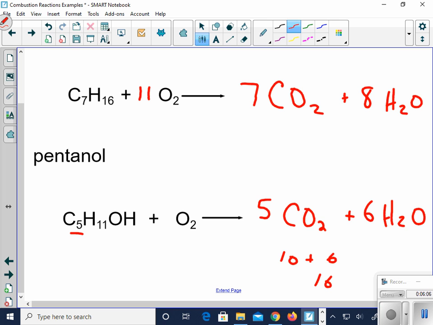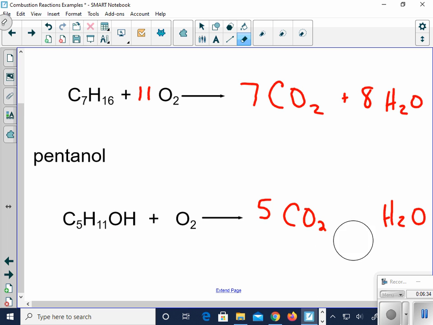I have 16 oxygens. That's great, fine and dandy, because I can get 16 right here, but I've got that 1 right there, making me have an odd number. Is that going to work? Nah, that odd number does not fit in. So, everything I've done here, I'm going to get rid of because it doesn't work. That odd number of oxygens.